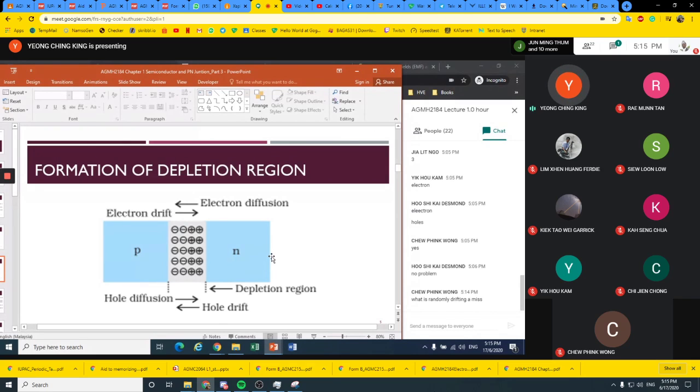When you put these two near to each other, the electrons will start to diffuse to the P region, and this creates a layer of positive charges near the junction, okay?